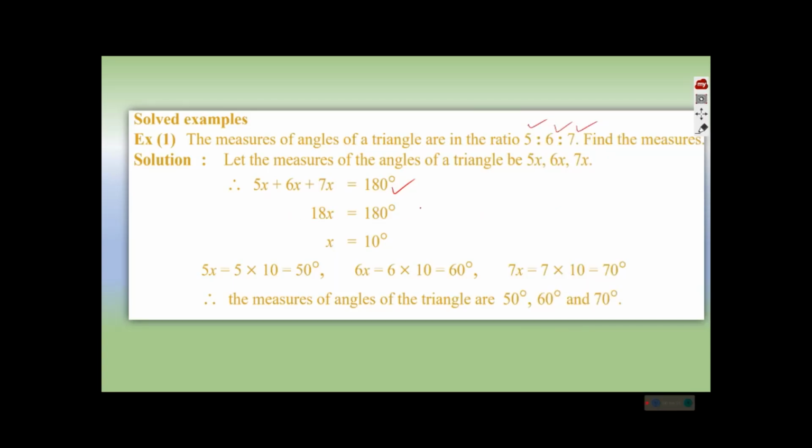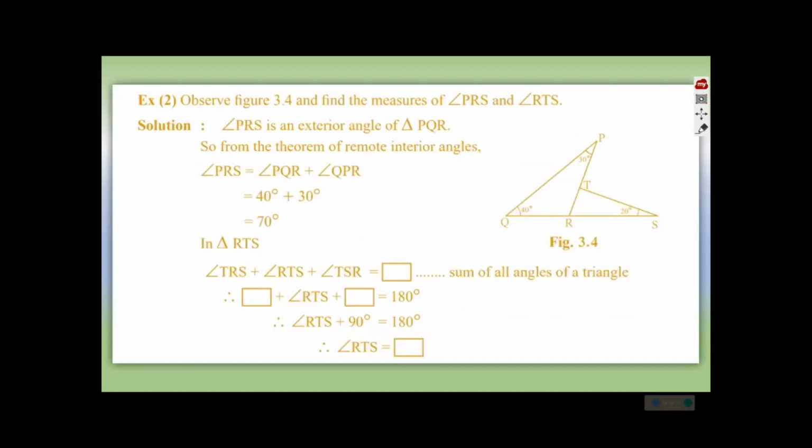It's a very simple sum. If this is the ratio, we can write 5x plus 6x plus 7x is equal to 180, x is equal to 10, that means 5x is 50, 6x is 60, 7x is 70. Thereby we can say that the angles of this triangle are 50, 60 and 70, altogether 180. Very simple knowledge checking example.